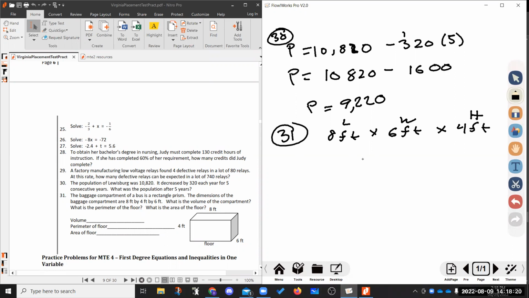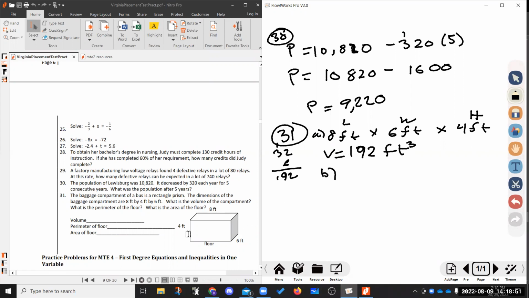So let's do 32 times 6. 32 times 6 is 12, 18, 19, that's 192. Look at your units here: feet times feet times feet are cubic feet. So that's my volume. It's going to be 192 cubic feet.